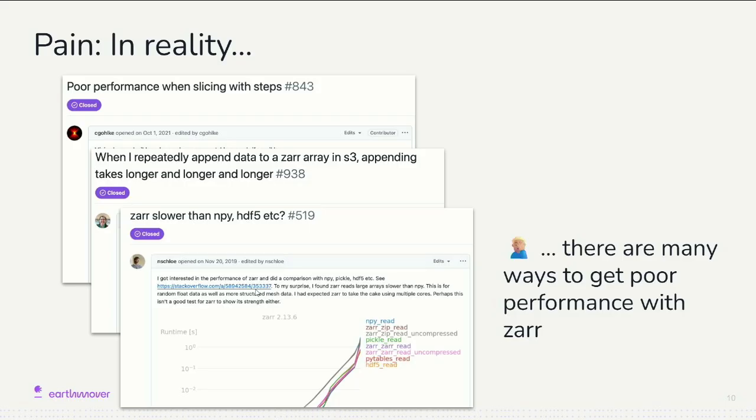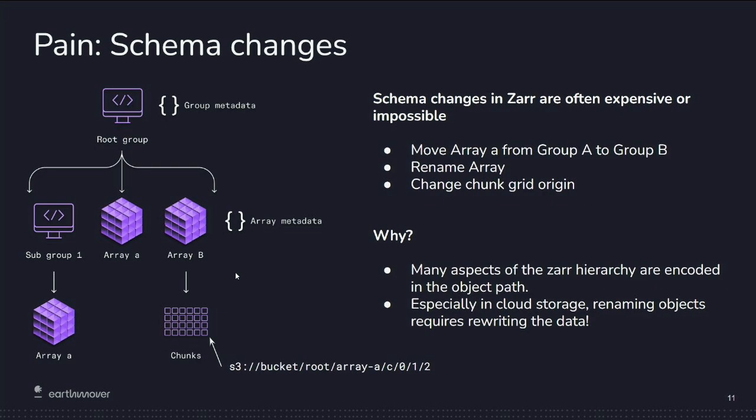But in reality, there's probably hundreds of GitHub issues that look like this. Poor performance when slicing, repeated appends are slow, ZAR is slower than H5Py. There's all sorts of these out there. And what this has really taught us is that there's just a lot of ways to go off the rails. And so that's a pain point.